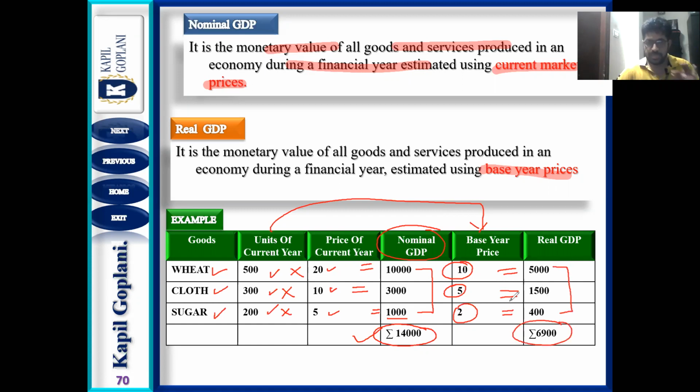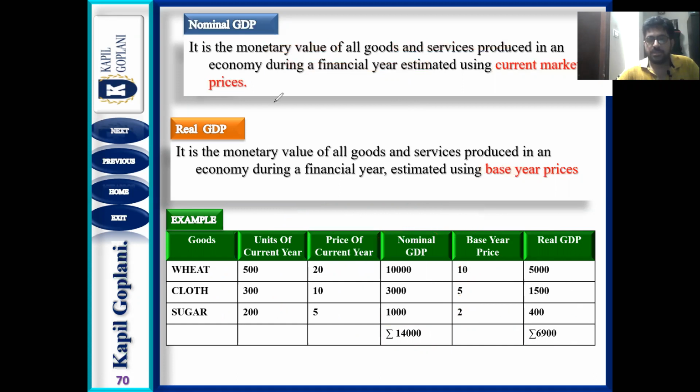So you can understand here, when you are going for nominal GDP, you took the current year price as the base, and when you are going for real GDP, you have taken base year price as your main purpose while calculating the GDP. Are you getting it with the example? In concluding, nominal GDP focuses on the current market price, and the real GDP is focusing on the base year price. Now let us see in the next slide how they are differentiated from each other.